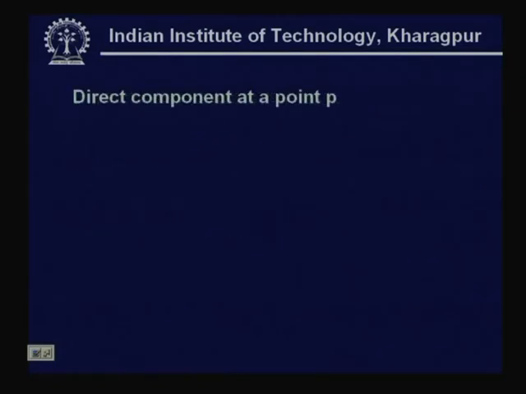So, this is one thing. Now, all this is based on our understanding of how light flux provides the illuminance at a point. We recall, in fact, we had a look at this in the lecture on photometry.